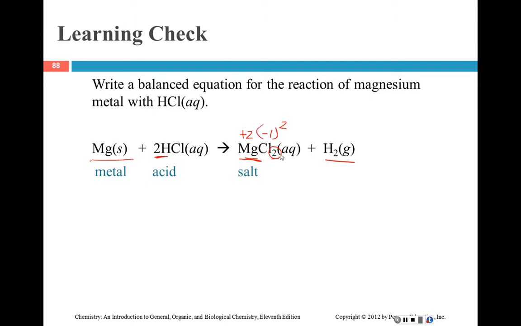So that's how we get the MgCl2. Then to balance the equation, we had to put a 2 in front of the HCl because we had H2. That's how hydrogen gas exists in nature. I know, you thought you were done with that. You've got to go back and remember that stuff again.